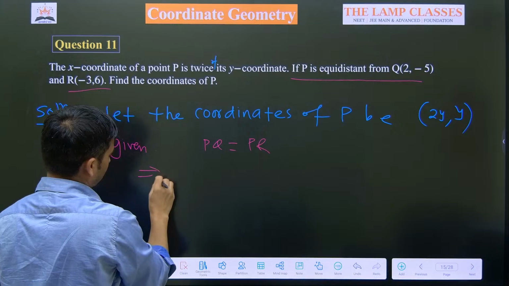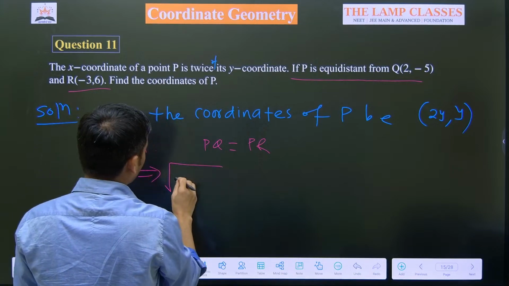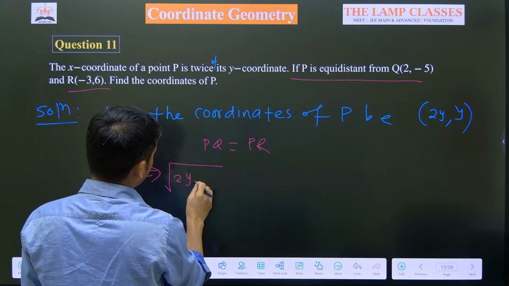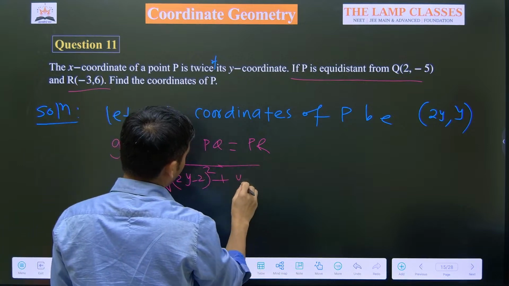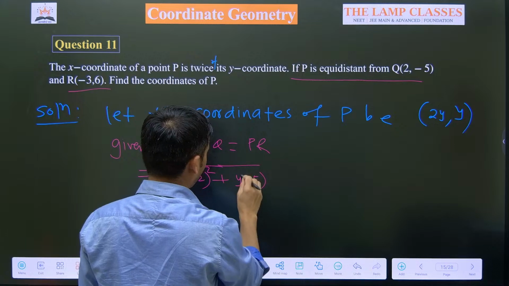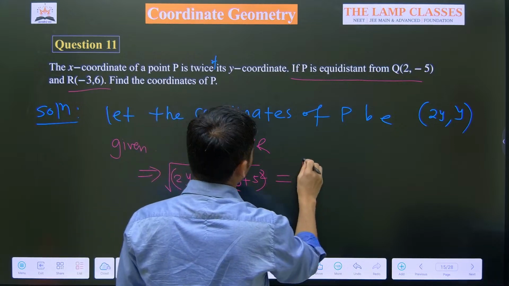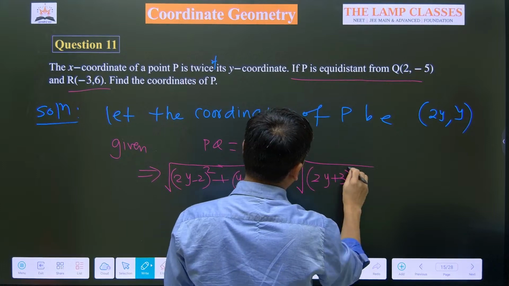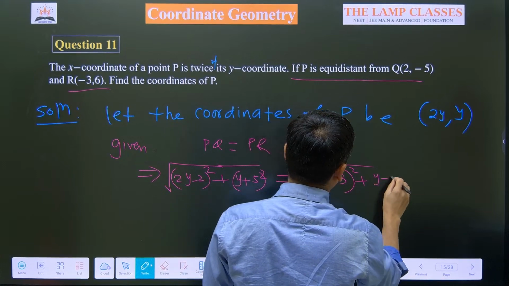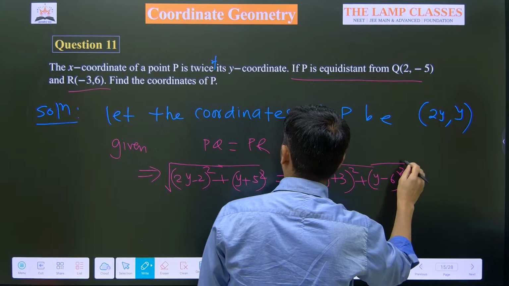Use the distance formula, so it will be root under (2y minus 2) the whole square plus (y plus 5) the whole square, which is equal to root under (2y plus 3) the whole square plus (y minus 6) the whole square.